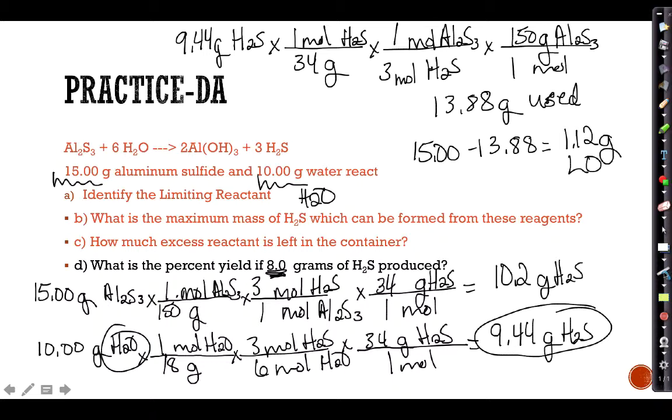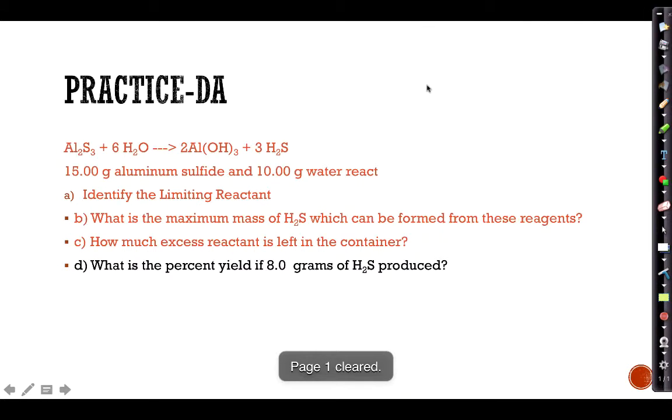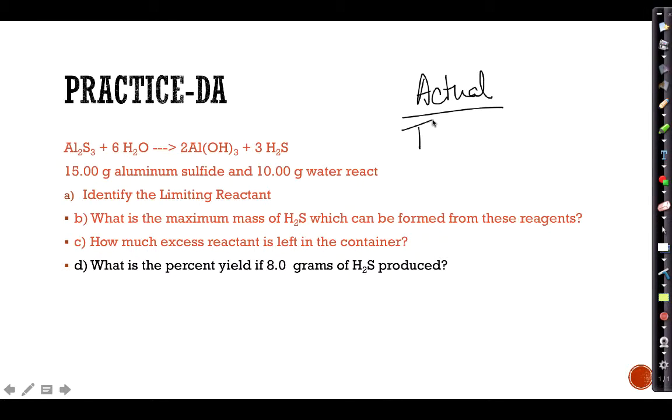So let me erase. My actual divided by my theoretical. Anytime you do a calculation, it is always theoretical. So my actual is 8. I was supposed to make 9.44. This came from the calculation. So once I do that, I'm going to divide it out and multiply it by 100.